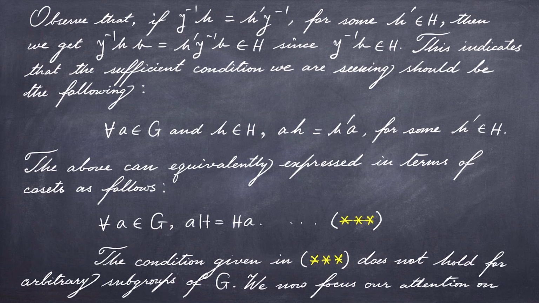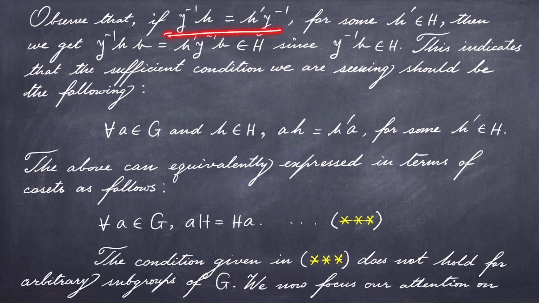Because all we need is to bring Y on the other side, and in that process if h is changed to some other element, that's not a problem as long as that changed element also lies in H. So even this is enough for some h'.